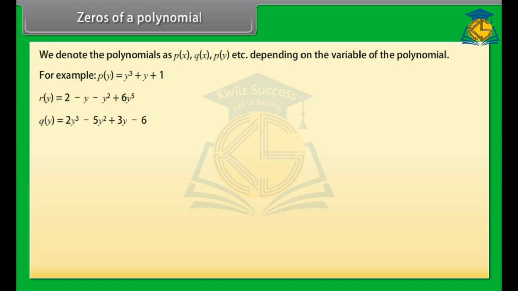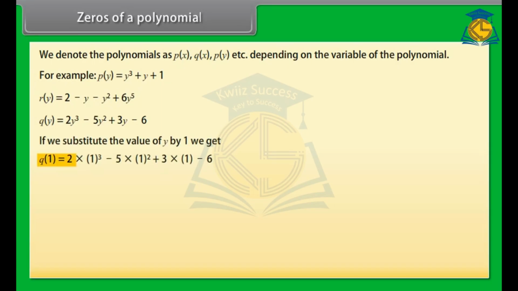Look at this polynomial now. q(y) is equal to 2y cube minus 5y square plus 3y minus 6. If we substitute the value of y by 1, we get q(1) is equal to 2 into 1 cube minus 5 into 1 square plus 3 into 1 minus 6, which is equal to 2 minus 5 plus 3 minus 6, which is minus 6.